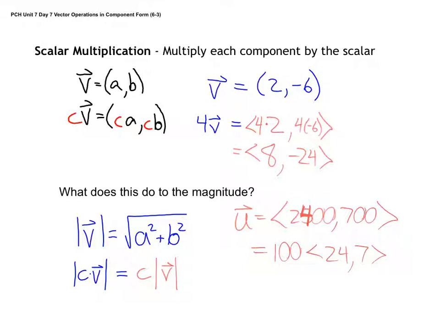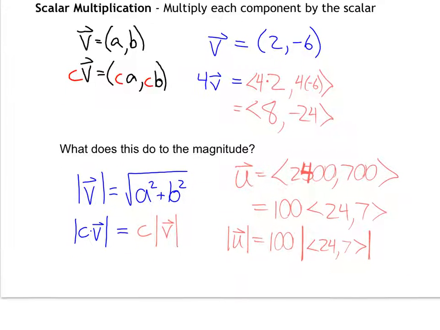And then maybe you'll notice, oh, that's a Pythagorean triple. What's the magnitude of u? I can simply do 100 times the magnitude of 24, 7. It's a Pythagorean triple: 7, 24, 25.